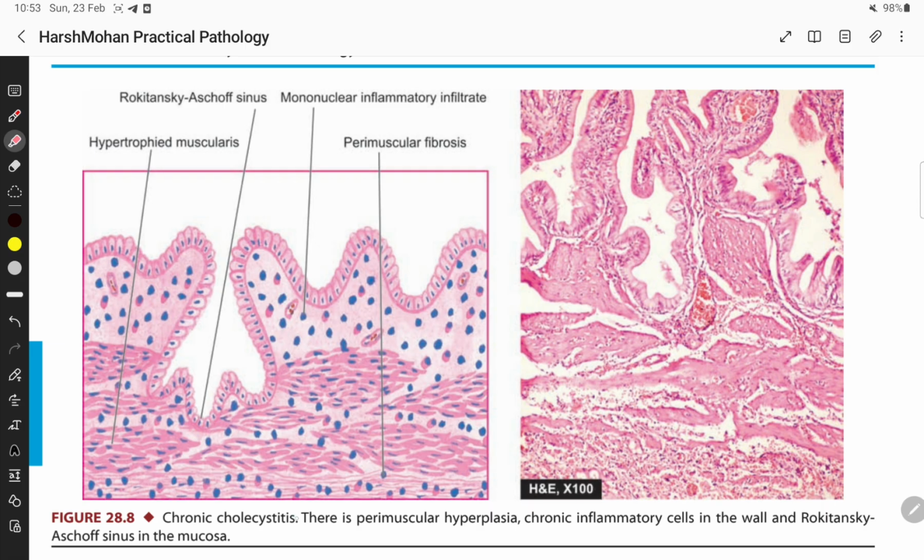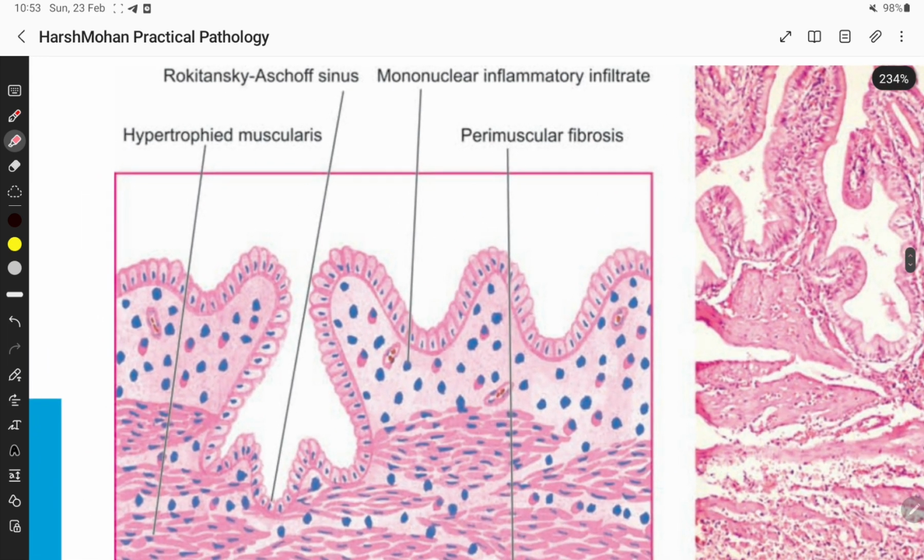See, this is chronic cholecystitis. There is perimuscular hyperplasia, chronic inflammatory cells in the wall, and Rokitansky-Aschoff sinus in the mucosa. These are the Rokitansky-Aschoff sinuses. The mucosa has penetrated deep into the muscularis layer.